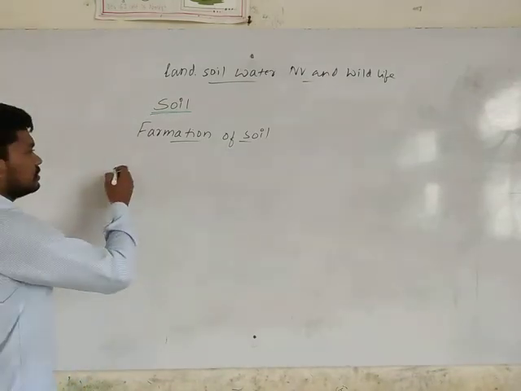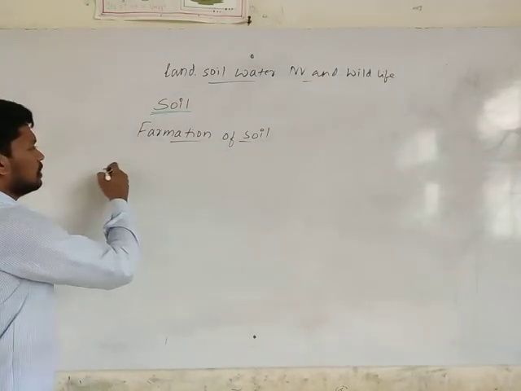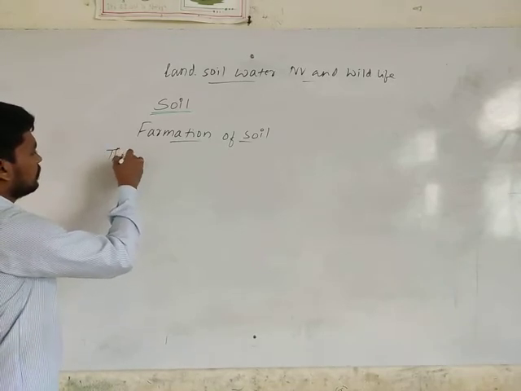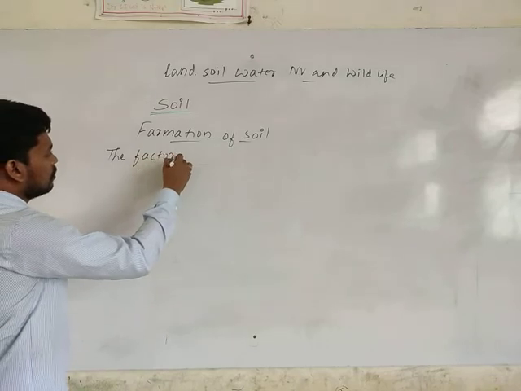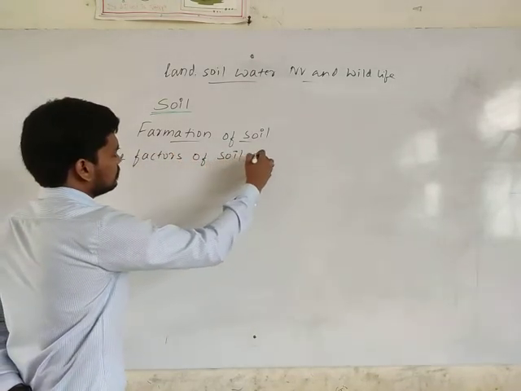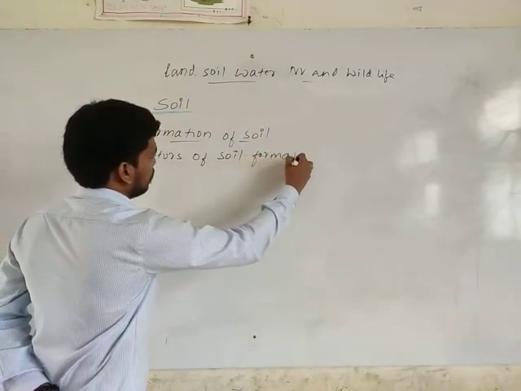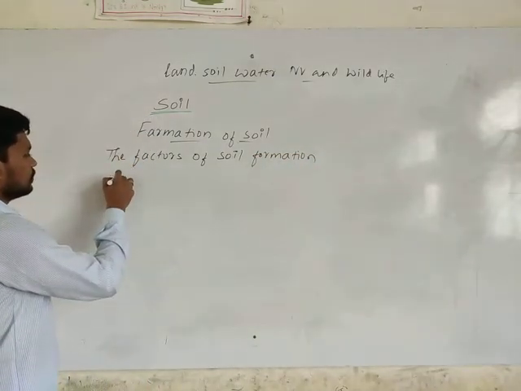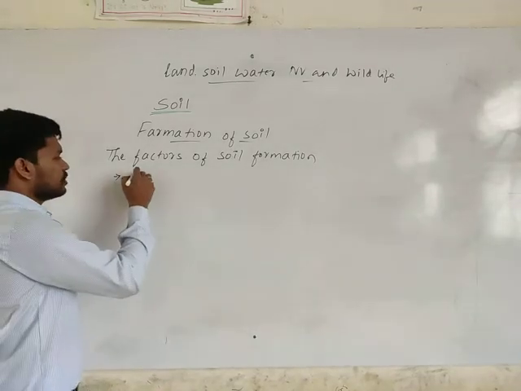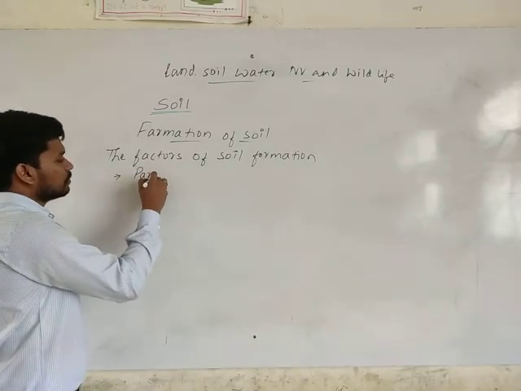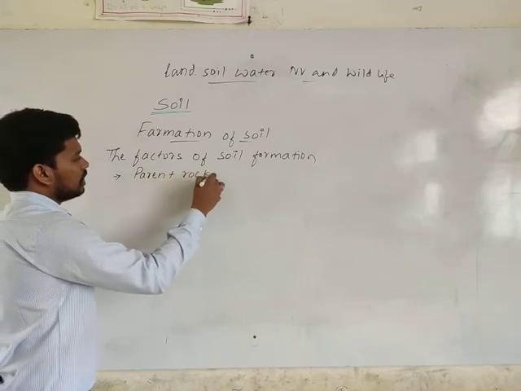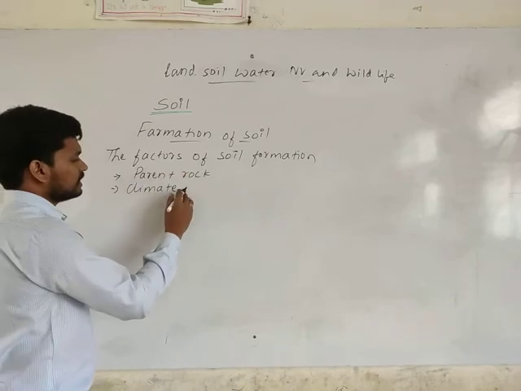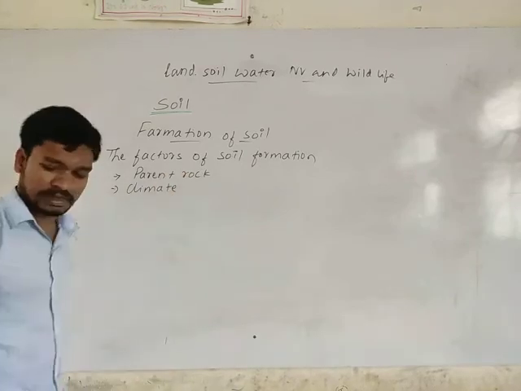The factors which influence or form the soil: the factors of soil formation are, first, the main one, parent rock, weathered rock or parent rock, and climate, climatic factors.